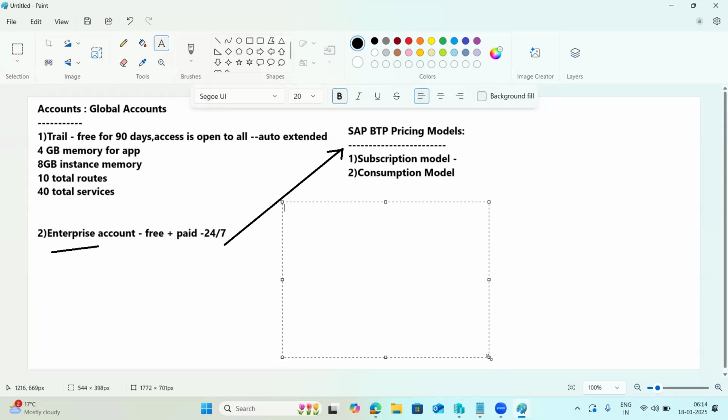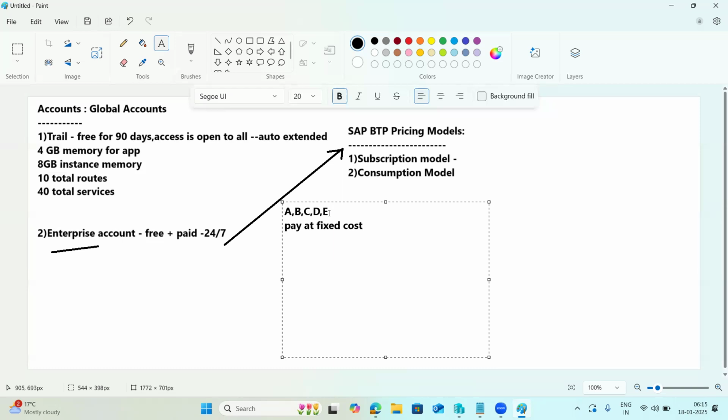Suppose you want to use services A, B, C, D and E. There are five services you want to use, so you need to subscribe to only these five services. You have to pay for the services in advance, at a fixed cost.